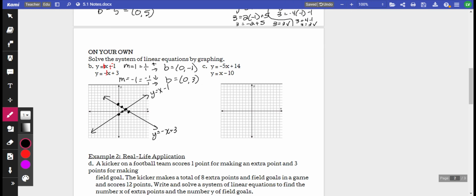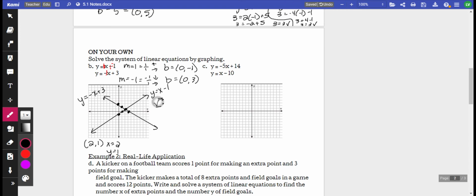And I believe my point is at 2, 1. So now I'm going to check it. So x equals 2, y equals 1. And you know what? I'm actually going to label my graph y equals -x plus 3 to the left to give me more space for my work.